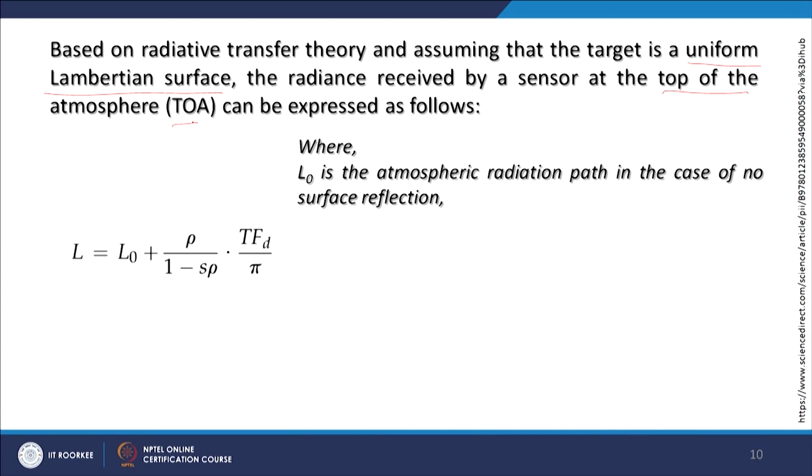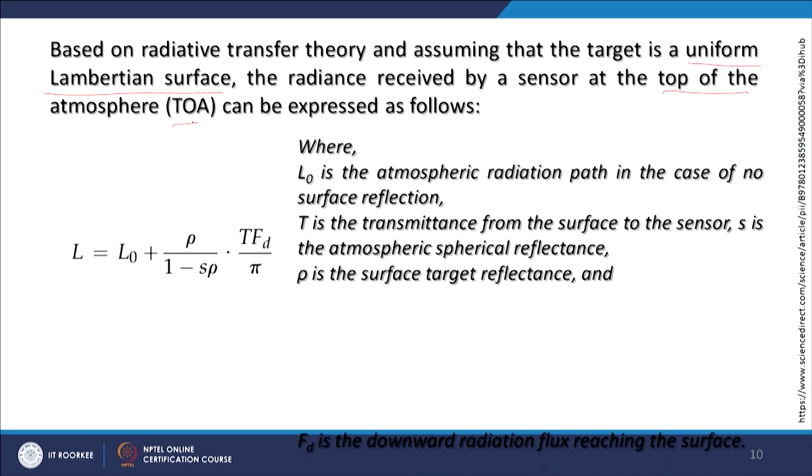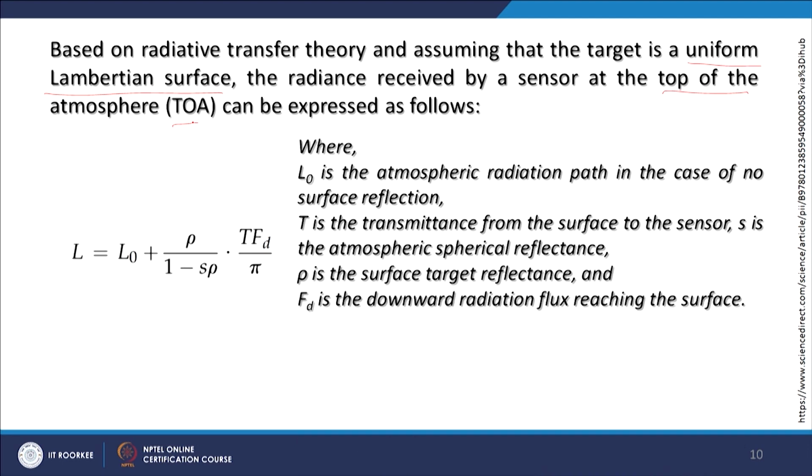Here L0 is the atmospheric path radiation in the case of no surface reflection, T is the transmittance from the surface to the sensor, S is the atmospheric spherical reflectance, rho is the surface target reflectance, and Fd is the downward radiation flux reaching the surface.